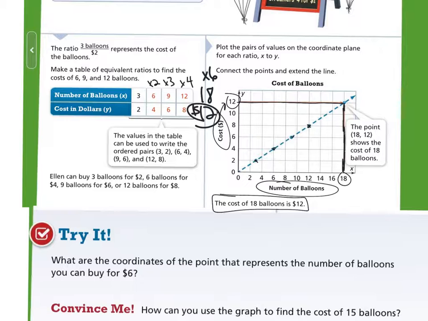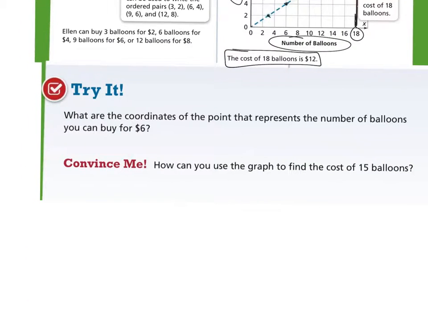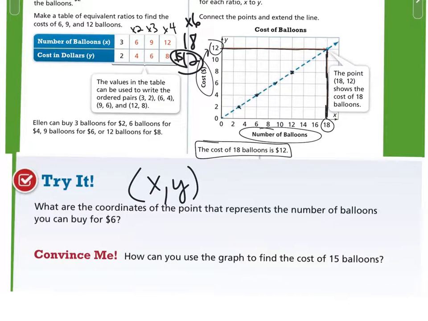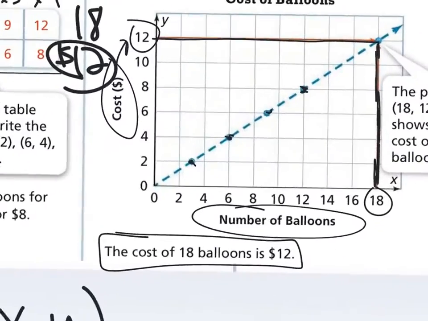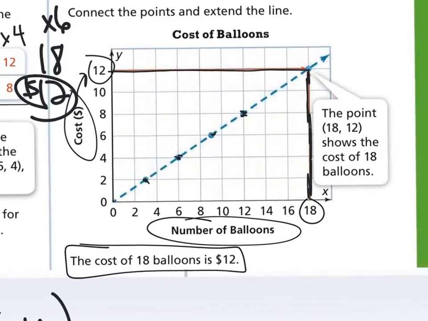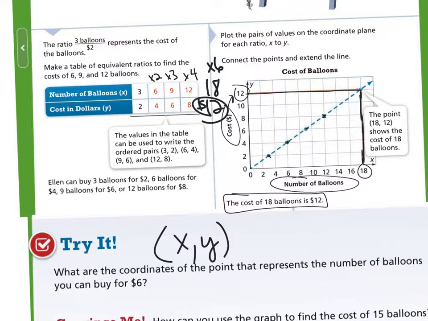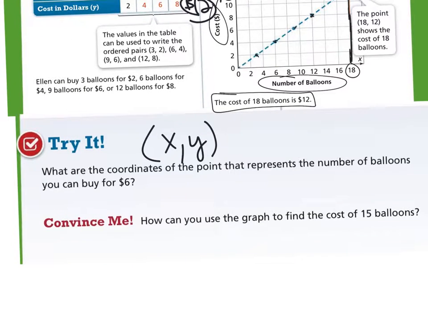For the try it, they're asking what are the coordinates of the point that represents the number of balloons you can buy for $6. By coordinates, they're meaning like an X and Y ordered pair. So for $6, if we go back to this, we could actually go back to our table either way, and we can see what the coordinates would be.